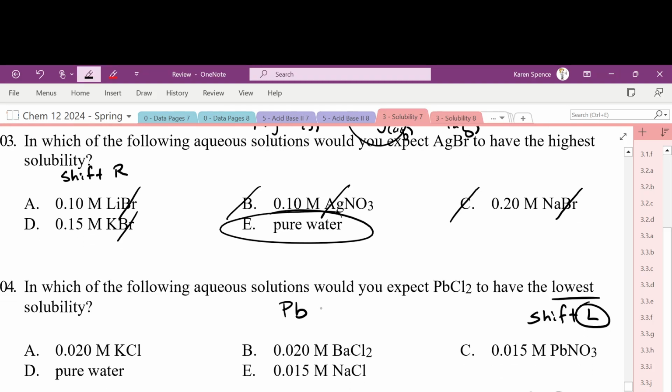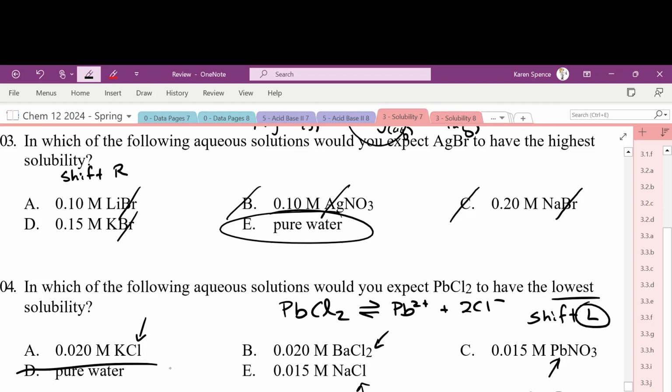PbCl2, Pb2 plus 2Cl minus. Oh my gosh, everybody has chloride or lead. So everybody's going to shift this to the left except for pure water, so we can eliminate pure water.